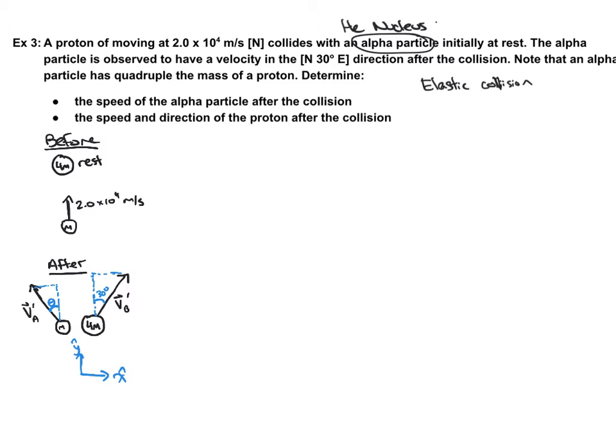So I'm going to start by looking in the x direction. For my x direction, what I notice is that I have 0 momentum in the x direction before the collision.